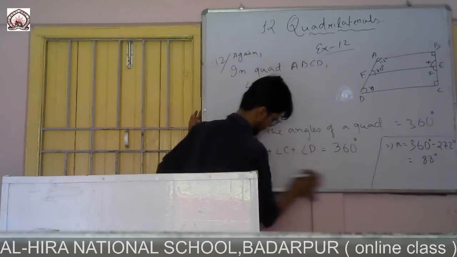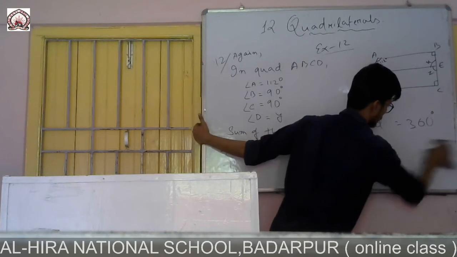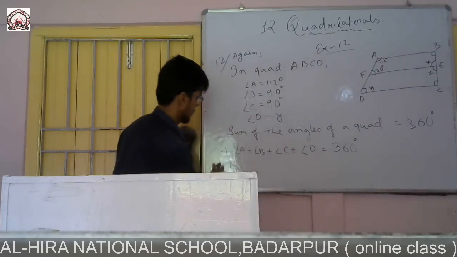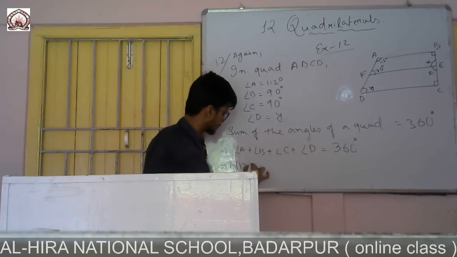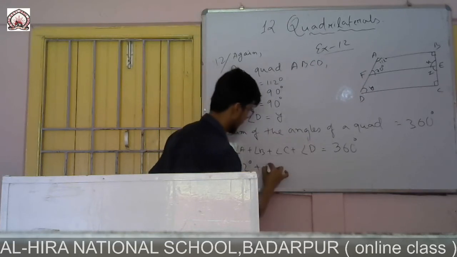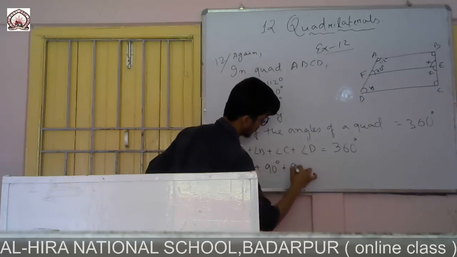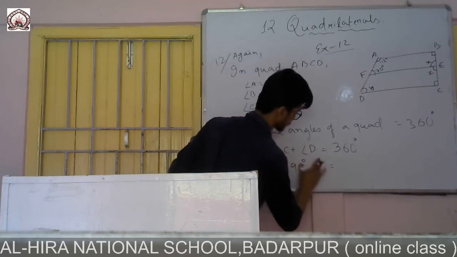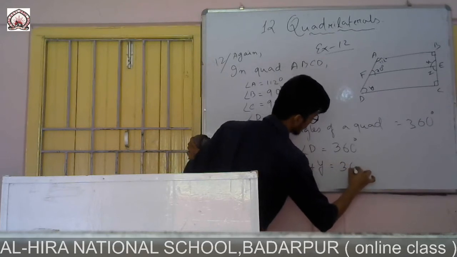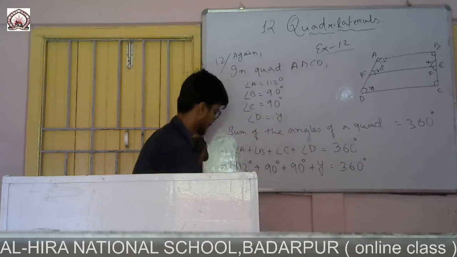Now solve this. The value of angle A is 112, angle B is 90, C also 90, D is given as y, which is equals to 360 degree.